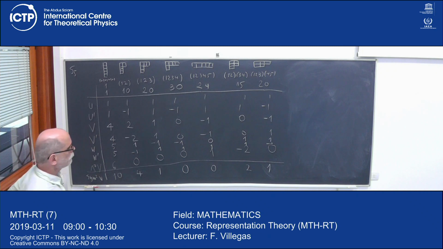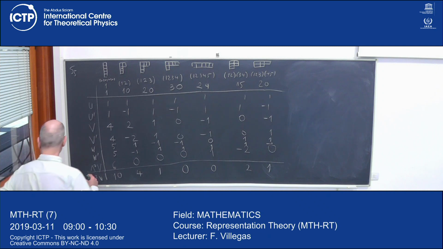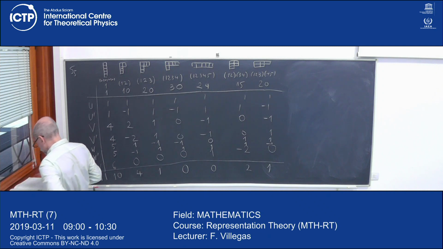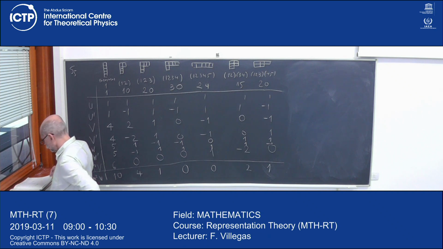And this is, in a way, misleading because it is not the case for arbitrary groups. In general, arbitrary groups will require characters that have values in other cyclotomic extensions of Q.